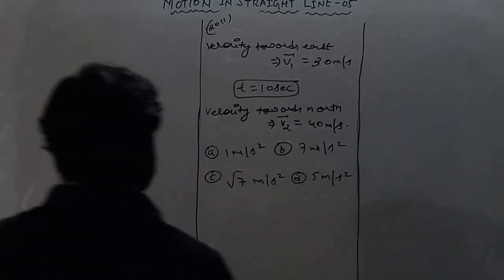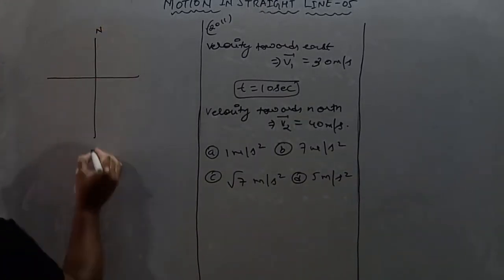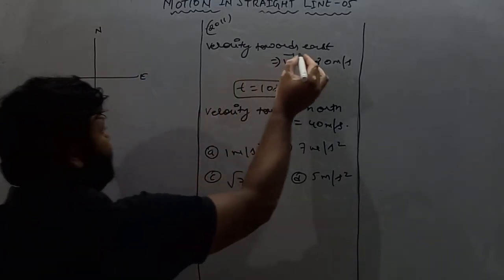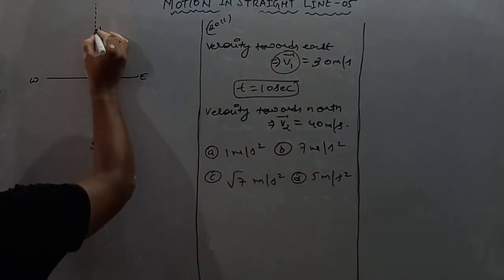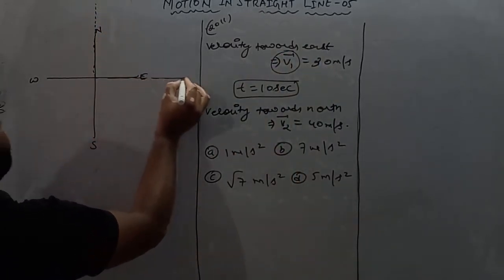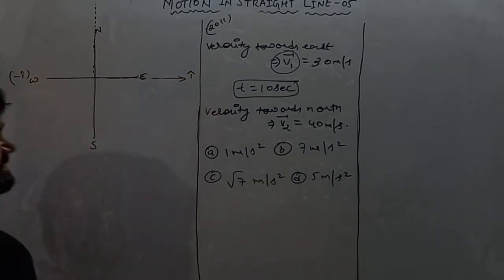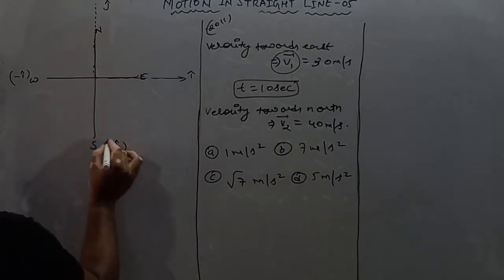Now see my dear student, I'll make the direction format. So this is north, this is south, east and west. They are saying the body starts moving towards east. If I make unit vectors, along the x-axis I'll write i cap, along minus x-axis minus i cap, this is j cap and this is minus j cap.